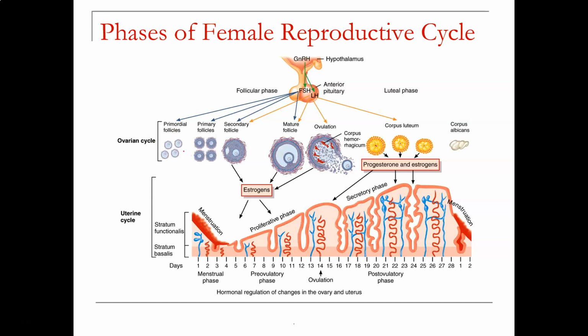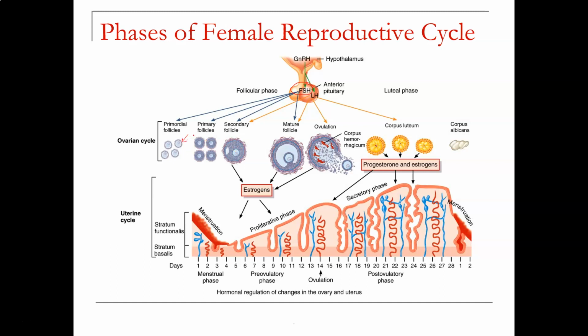So in the early part of the ovarian cycle, the main event going on is that under the influence of the hormone FSH from the anterior pituitary, several primordial follicles are recruited to become primary and then secondary follicles. And the main thing that's changing is not the egg itself, which is arrested in early meiosis, but the follicle cells that are surrounding it.